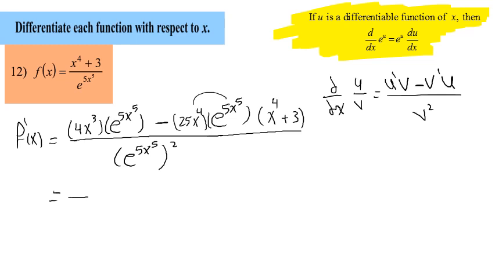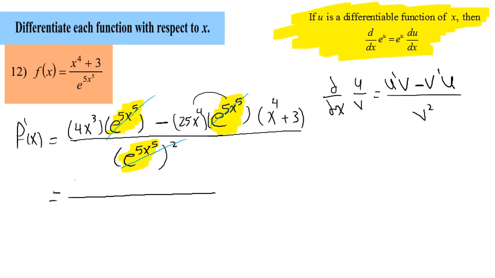This one can be simplified as I can divide each term by e to the power of 5x to the power of 5. So I can cancel one factor from each term, and by cancel, I mean divide by e to the power of 5x to the power of 5 in each place.